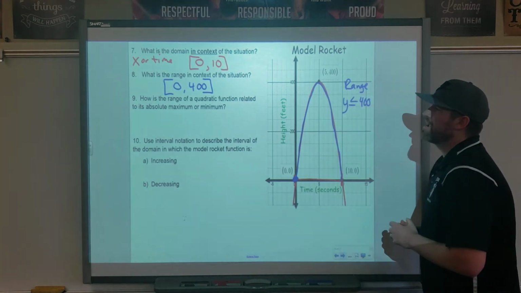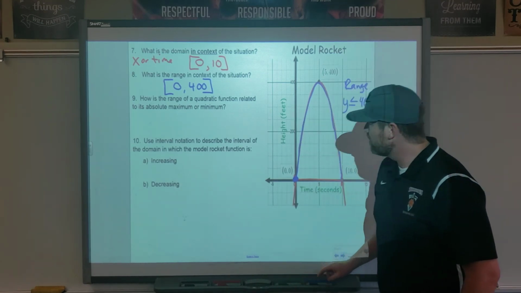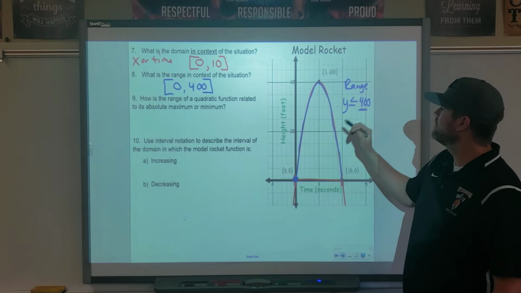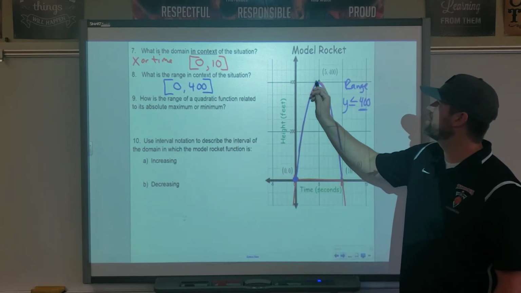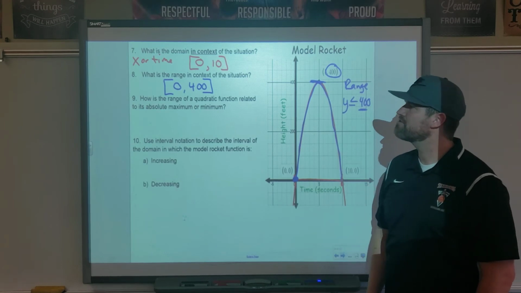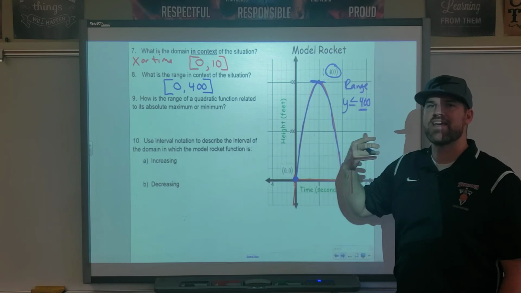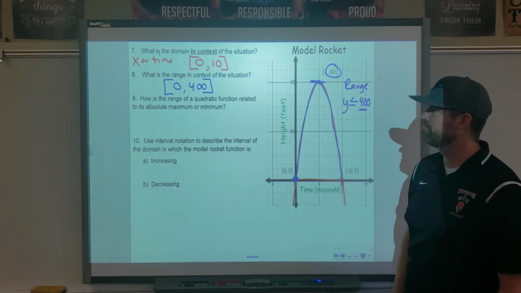Next question, how is the range of the quadratic function related to its absolute maximum or minimum? Well, we know that the range value, right, the 400, is always the y-coordinate of the vertex. So anytime you're finding the range, find the y-coordinate of your vertex, and that will be included in your range.